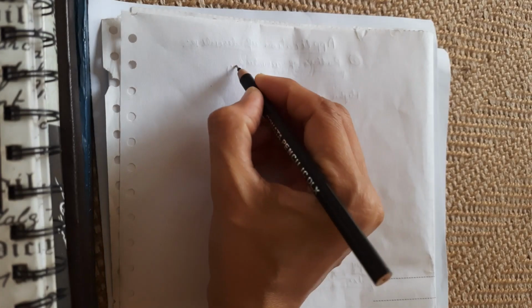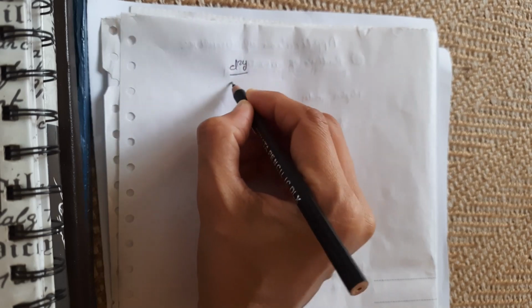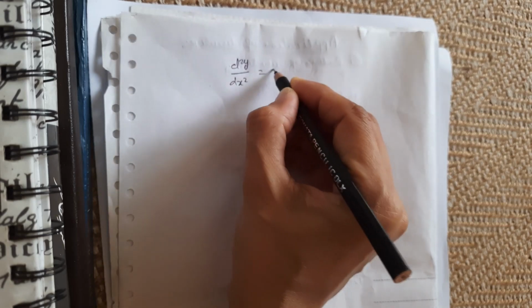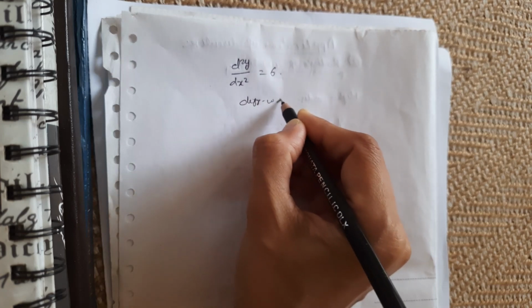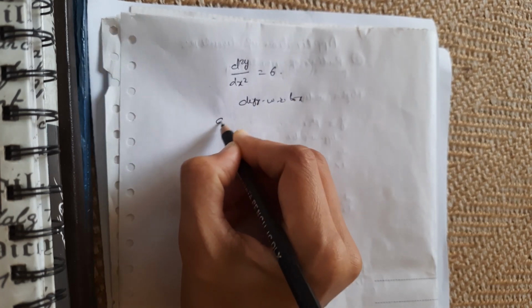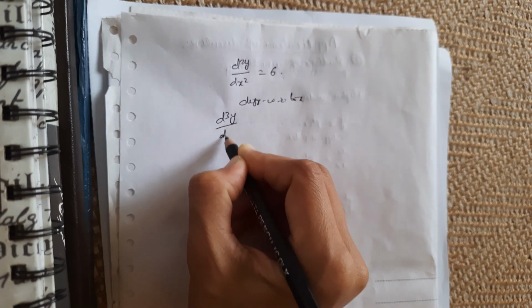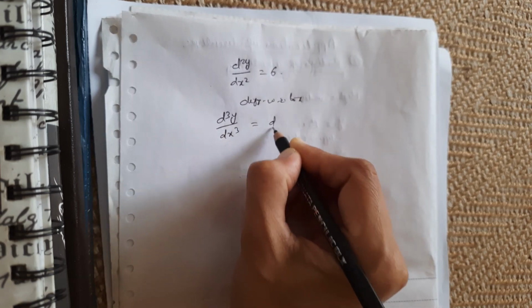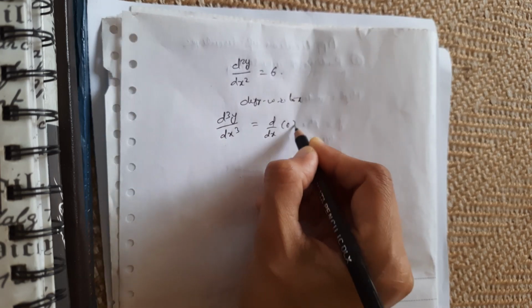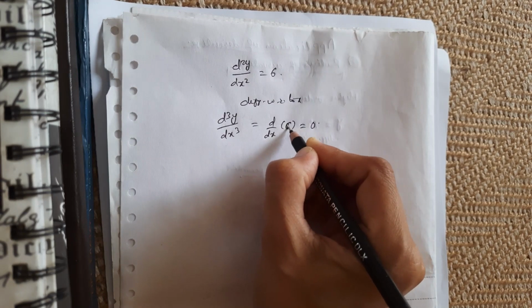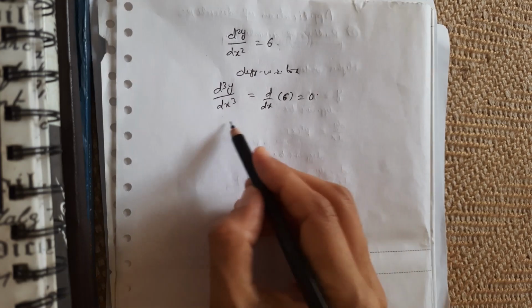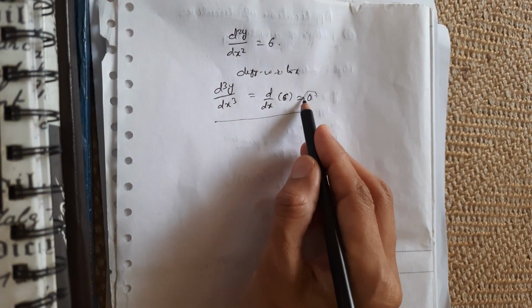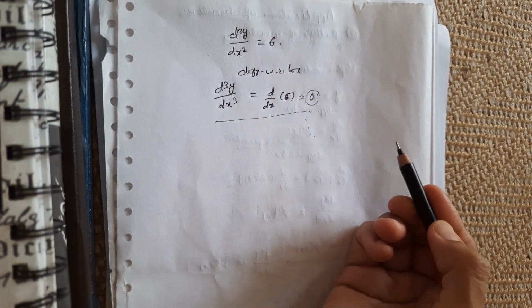Now what is my second order derivative? d2y by dx square I get as 6. Now I can again differentiate with respect to x. I will get d3y by dx cube equal to d/dx of 6, that is equal to 0. Again if you differentiate, you are going to continue getting 0, 0 and so on.